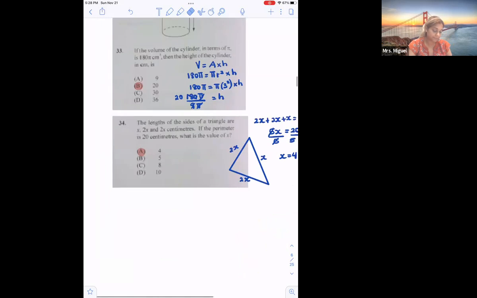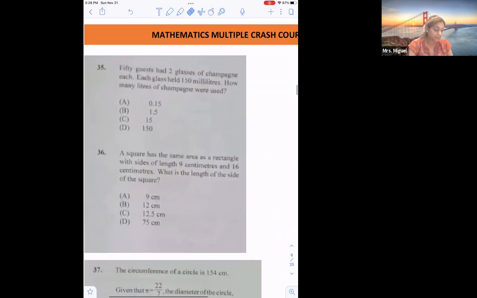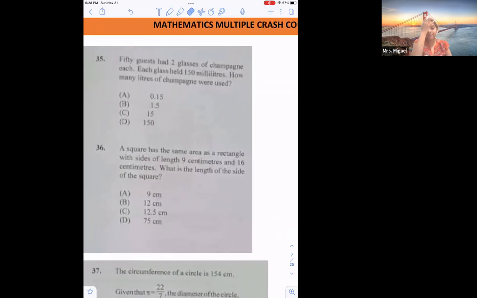All right. Number 35. So look how the question is a little bit different. 50 guests had 2 glasses of champagne. So the number of glasses served would be 50 by 2, which is 100. Each glass held 150 milliliters.